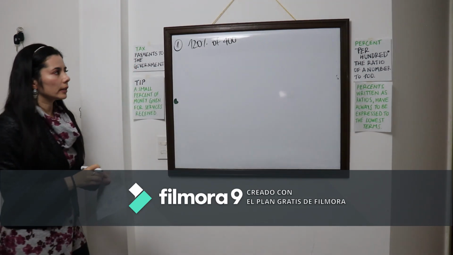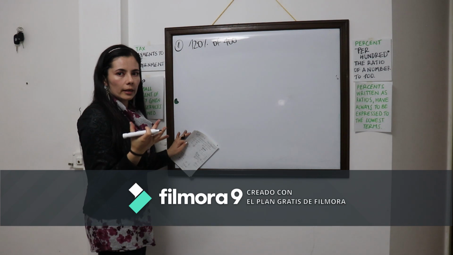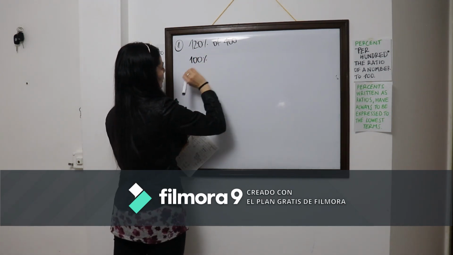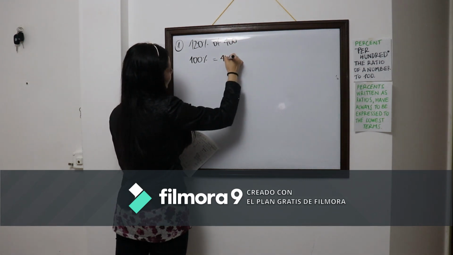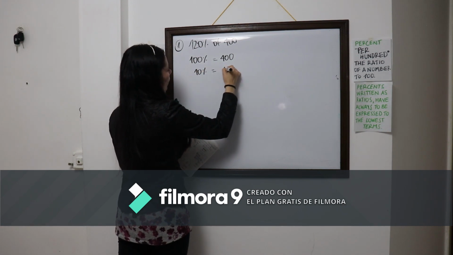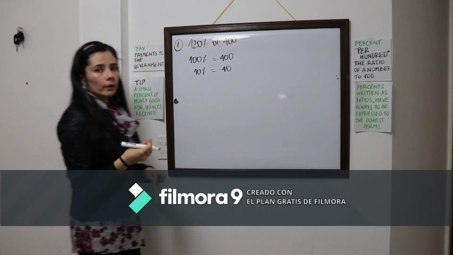My way to do it is actually to divide the exercise in 2 parts. The first one is to get what the 100% is, which of course would be equal to 400, right? And then the 10%, which is of course equal to 40. How do I know it's 40?